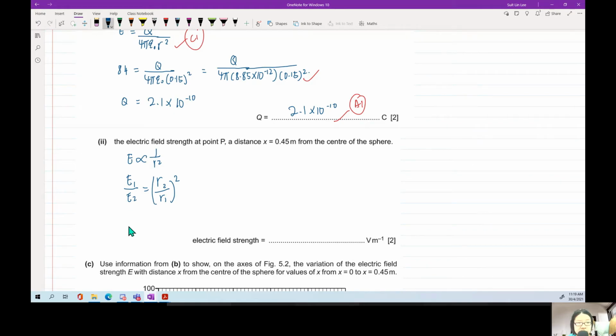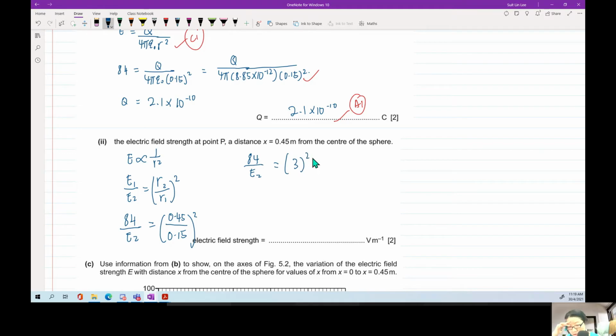Okay, so the first electric field strength is 84. The second, I don't know. All right. The second radius is 0.45 squared. And the first radius was 15 cm at the surface. Sorry, 0.15 meter at the surface. So what I have with me now is 84 over E2 is equal to 3 squared, right?